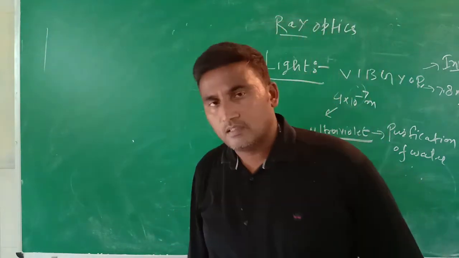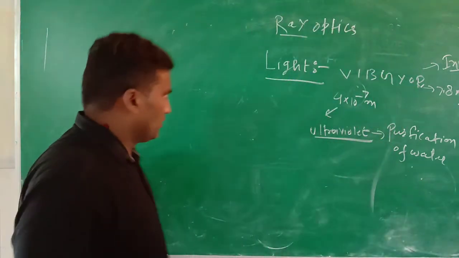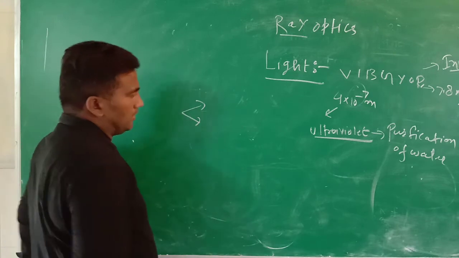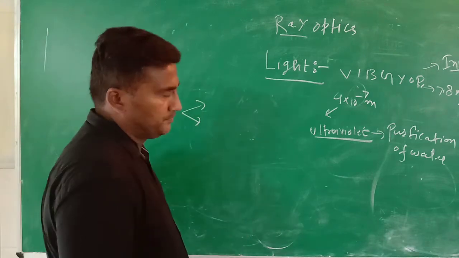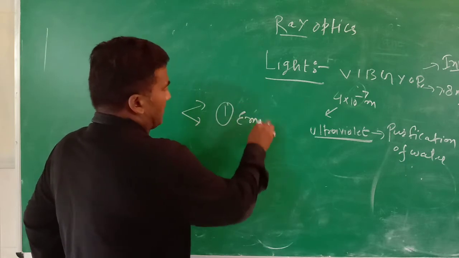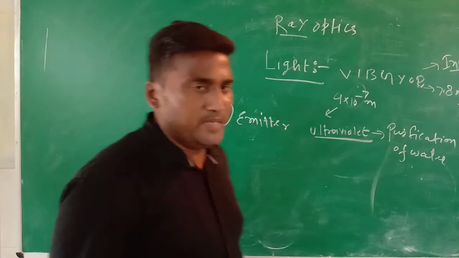Now we started with the definition of light and discuss two different properties of light. The first property is that light behaves as an emitter. What is an emitter?